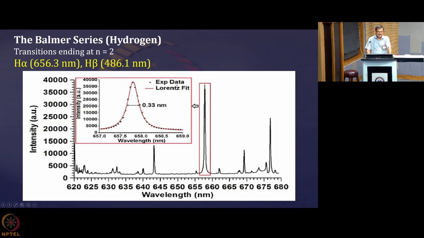You are seeing this rectangular zone, this peak, and when you expand this peak, this is the detailed distribution of the intensities over the wavelength.